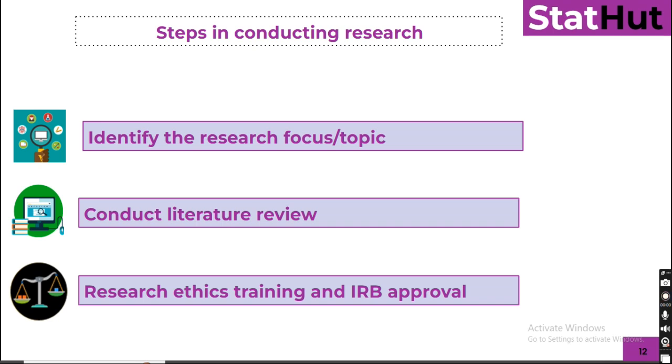Someone might be curious to want to know, how does ride sharing services affect traffic congestion in Lagos? That seems so broad, right? Now let's see how we can narrow it down.